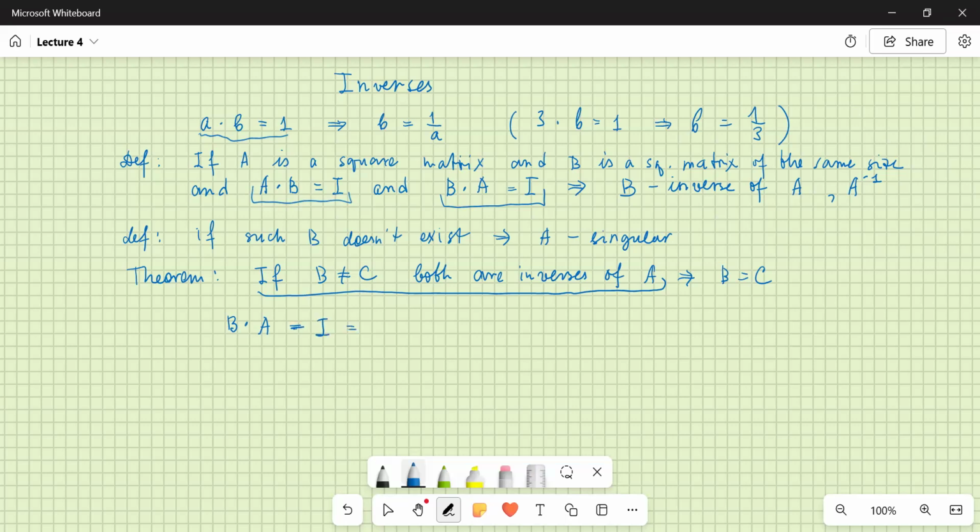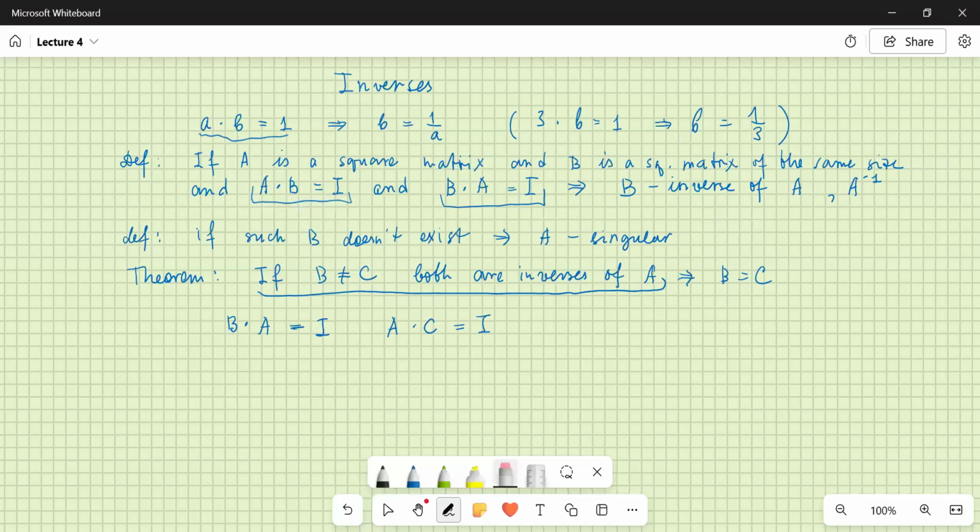Also, I can have matrix A multiplied by matrix C, and because C is the inverse of A, it also must be equal to I. These two identities are equal to each other. We are dealing with only square matrices, right?